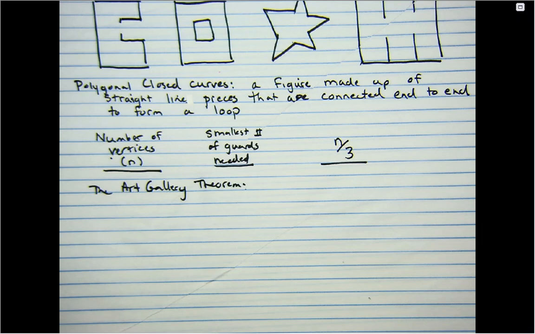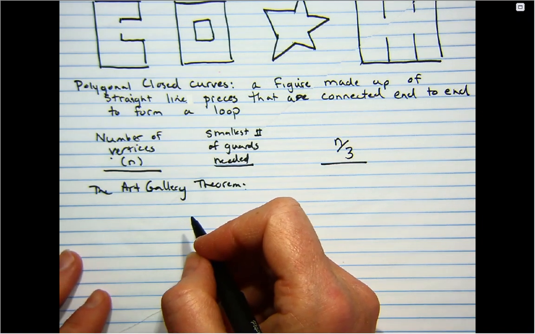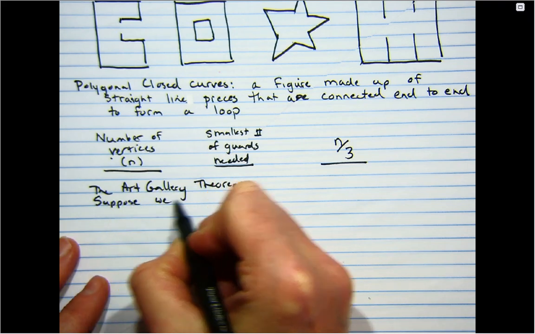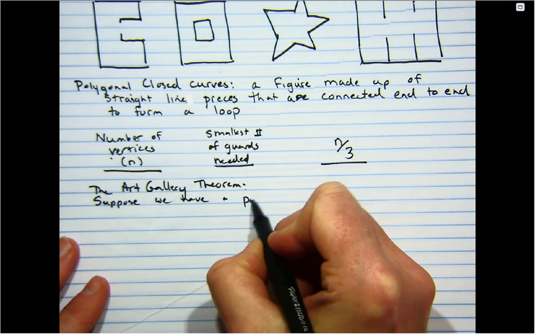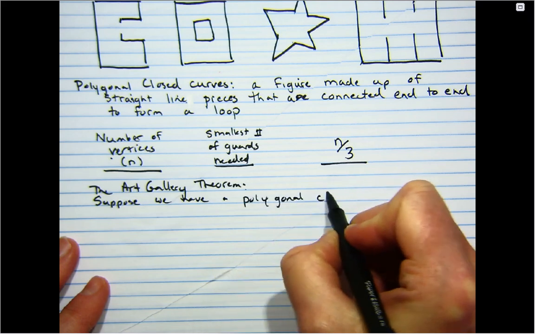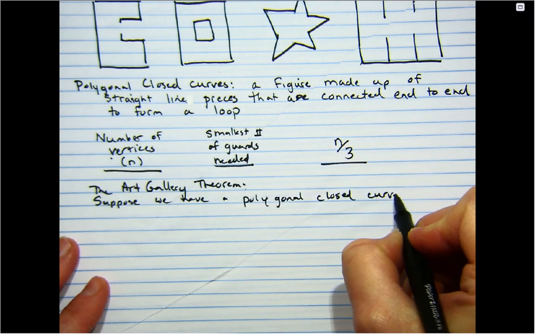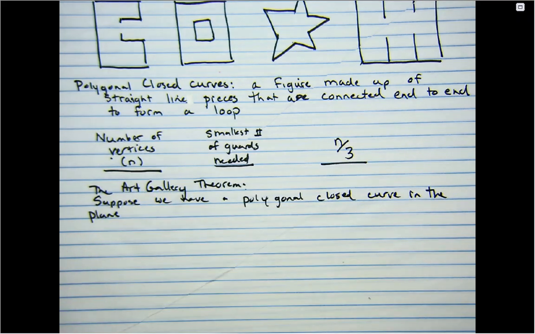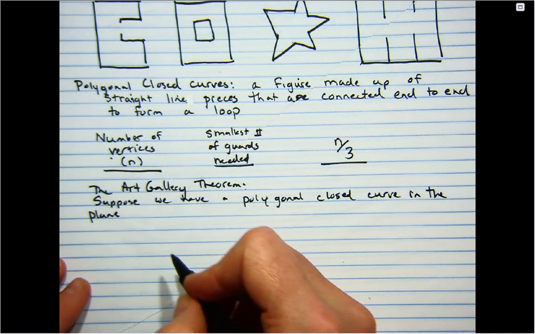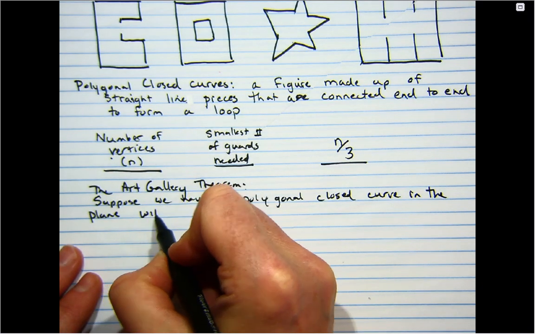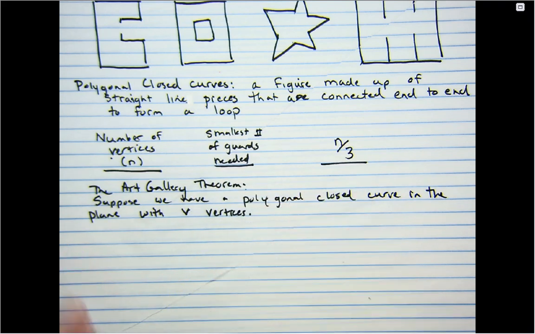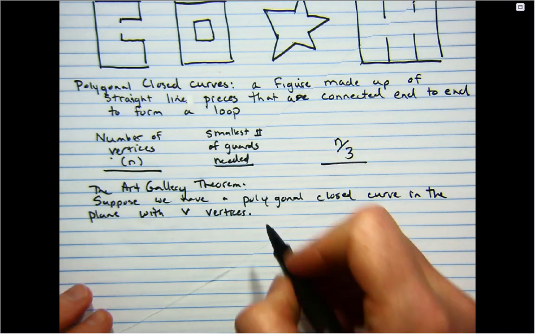The art gallery theorem says, suppose we have a polygonal closed curve in the plane with V vertices.